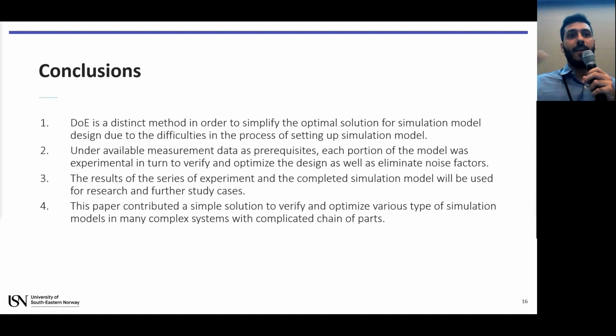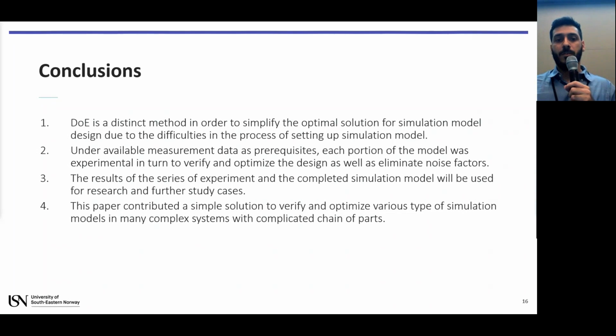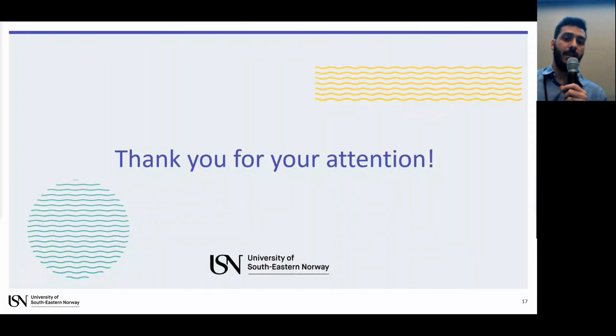So they have multiple different parts, different blocks, and different procedures composing the hydropower generation. So it's a very interesting first step towards this kind of application of design of experiment to validate complex systems. So thank you for your attention.